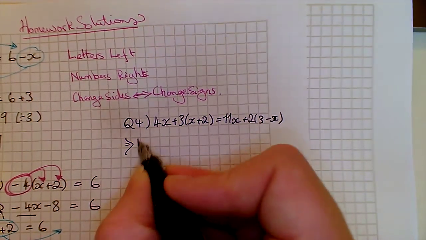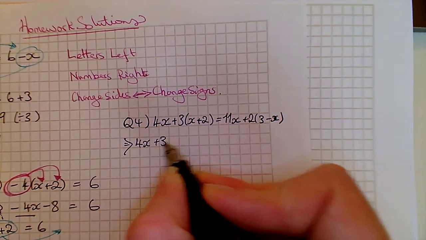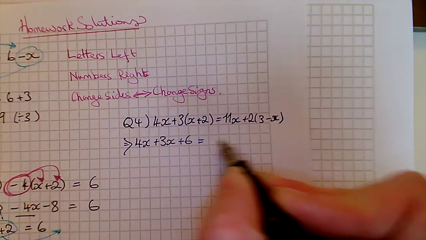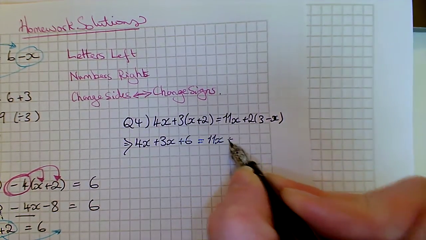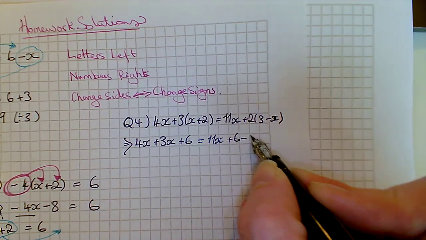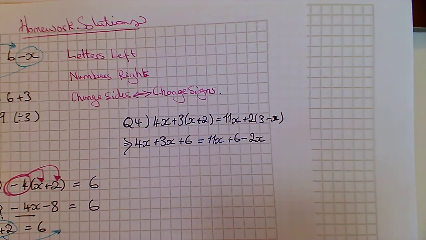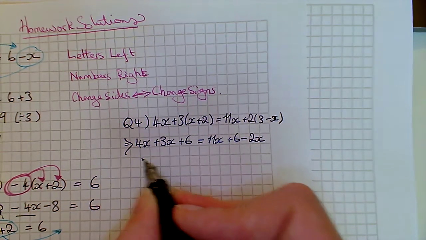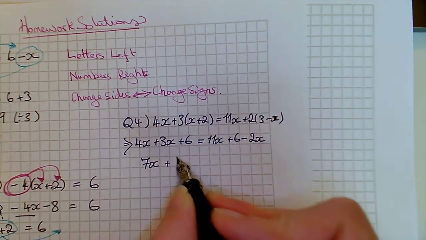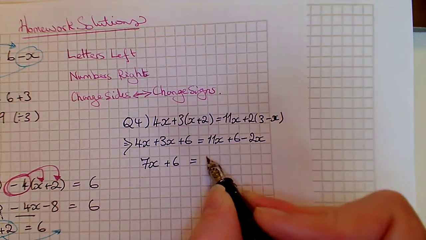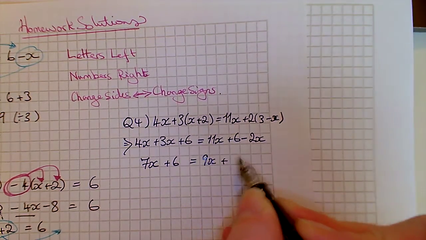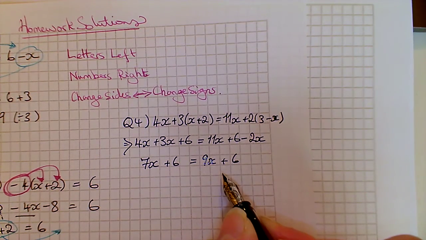This means that we have 4x plus 3x plus 6 equals 11x plus 6 minus 2x. Multiplying out my brackets. Take your time to go over that if you're not sure where those numbers came from. 4 plus 3 is 7. So 7x plus 6 equals 11 minus 2 is 9. 9x plus 6.